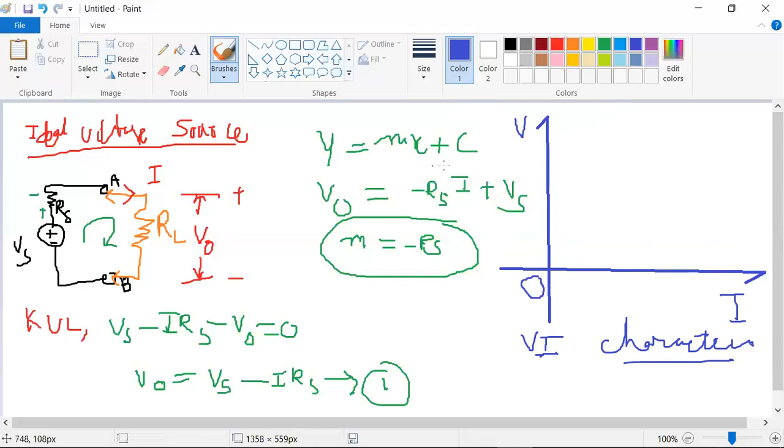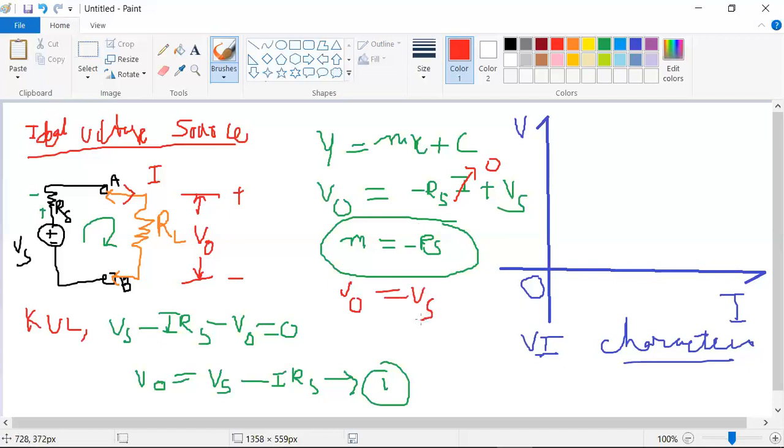Comparing with the slope equation y equals mx plus c, this is terminal voltage versus load current I. If in this equation I tends to 0, then the terminal voltage V naught is equal to Vs.